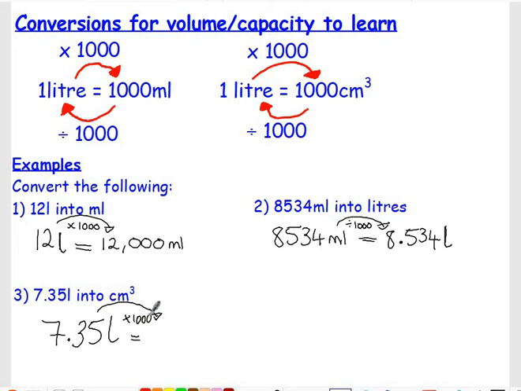Each digit moves 3 places to the left, so the 7 is going to end up in our tens, then our hundreds, then our thousands, and the other digits will follow, and we need to add in a 0. So 7.35 litres is the same as 7,350 centimetres cubed.